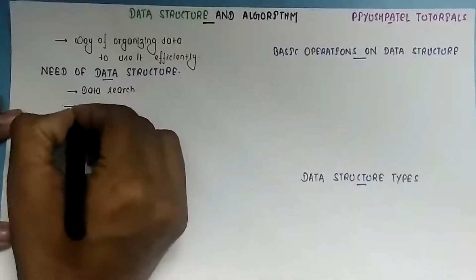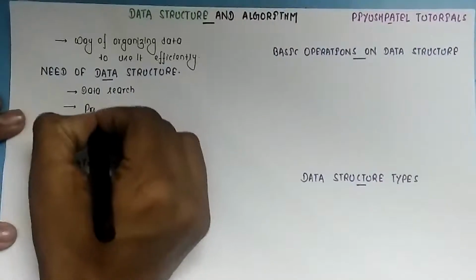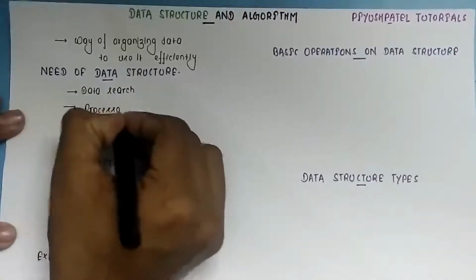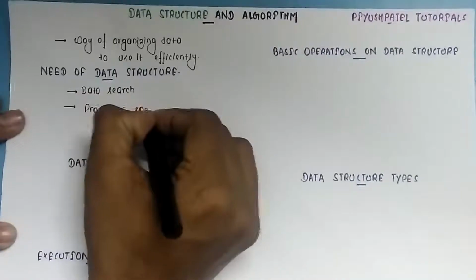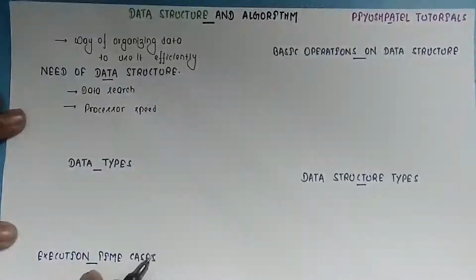And next one we can write, processor speed. However fast our processor is, if our data is not organized, we can't have less access time.